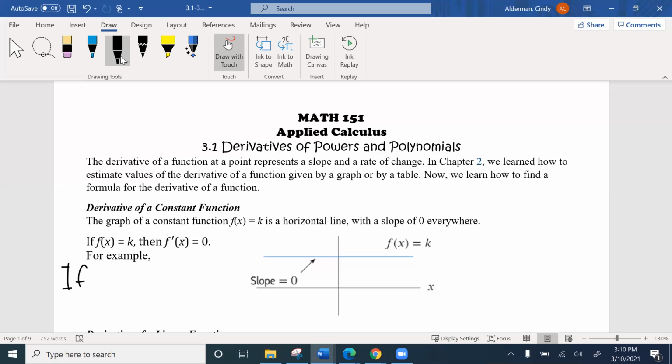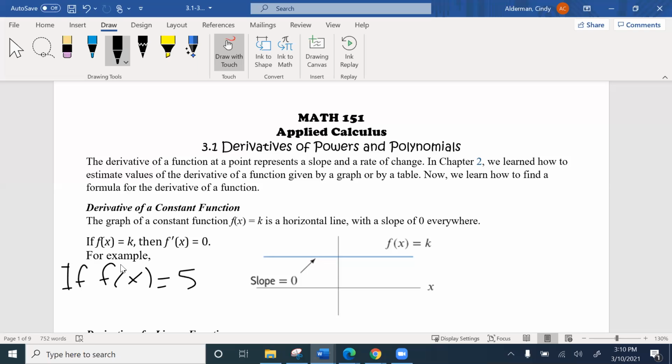So first we're going to talk about the derivative of a constant function. So the constant function, for example, let's say f of x is equal to 5. Remember back in algebra, if you have y equals 5, that's a horizontal line, right?